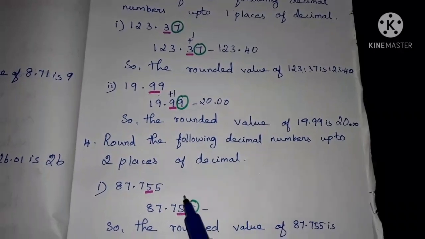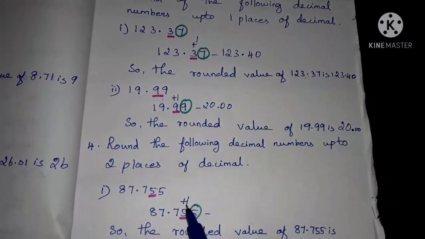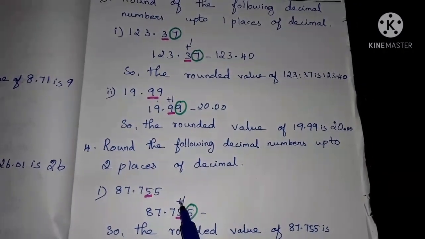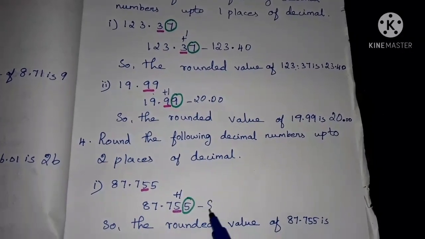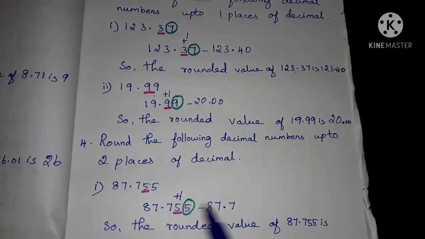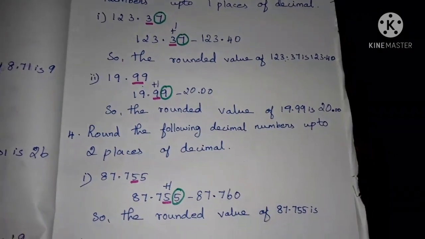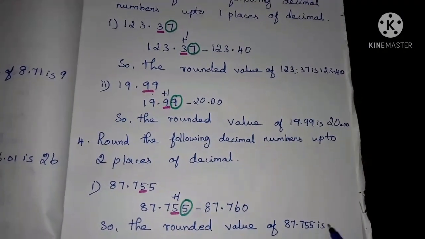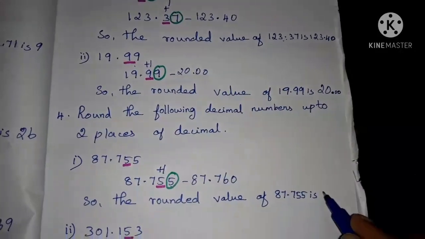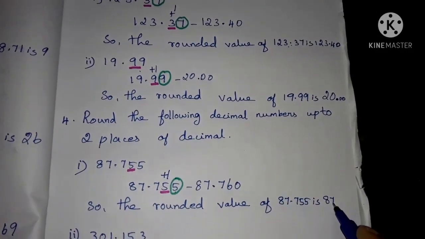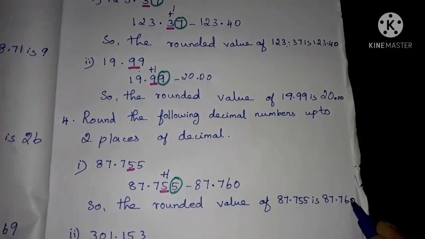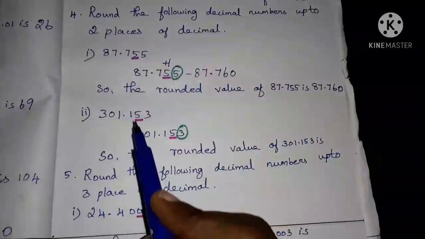It's not less than 5. It is equal to 5. So equal to 5 also, we have to add 1. The left side remains the same. 87.7, 5 plus 1 is 6. The right side we ignore. So the rounded value of 87.755 is 87.760.